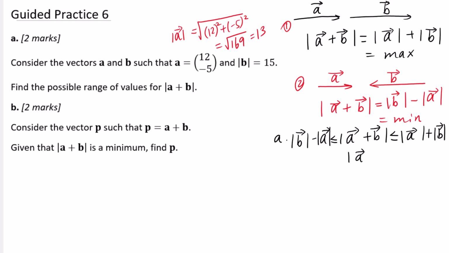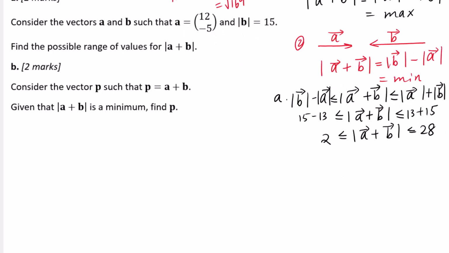We got absolute value of vector A plus vector B less than or equal to 13 plus 15, greater than or equal to 15 minus 13, which means the absolute value of vector A plus vector B less than or equal to 28, greater than or equal to 2.